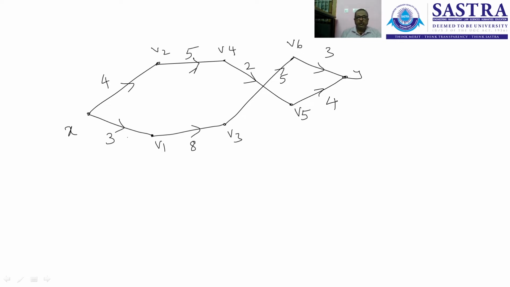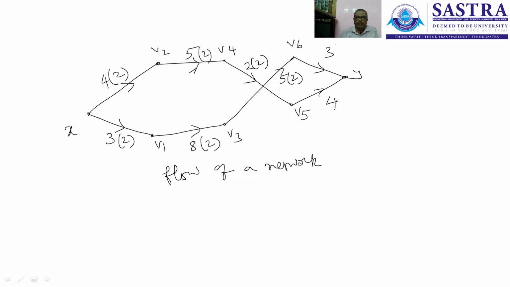Okay, so now what I do is, if I want to ensure that I have a flow of a network, I will push 2 units. Okay, for my convenience, what I have done here, I have pushed this 2. What is this 2? 2 is nothing but the smallest value here.